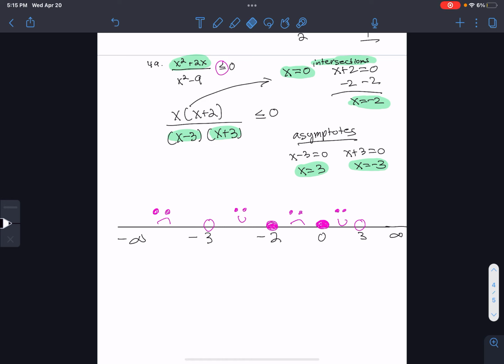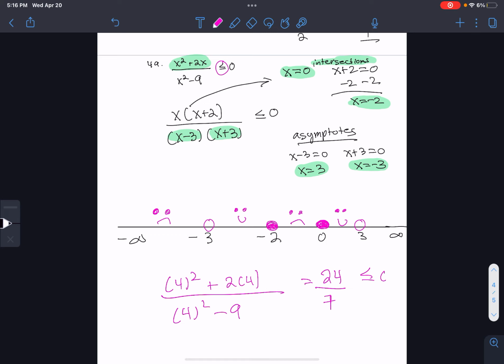And then our last one, let's pick 4. We saw that negative 4 did not work, so I'm guessing the same thing is going to happen here. 16 plus 8 is 24, and 16 minus 9 is 7.